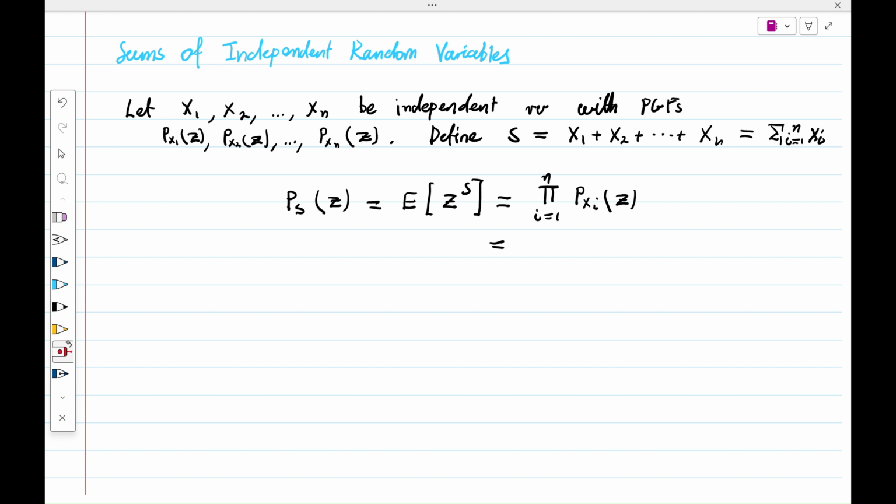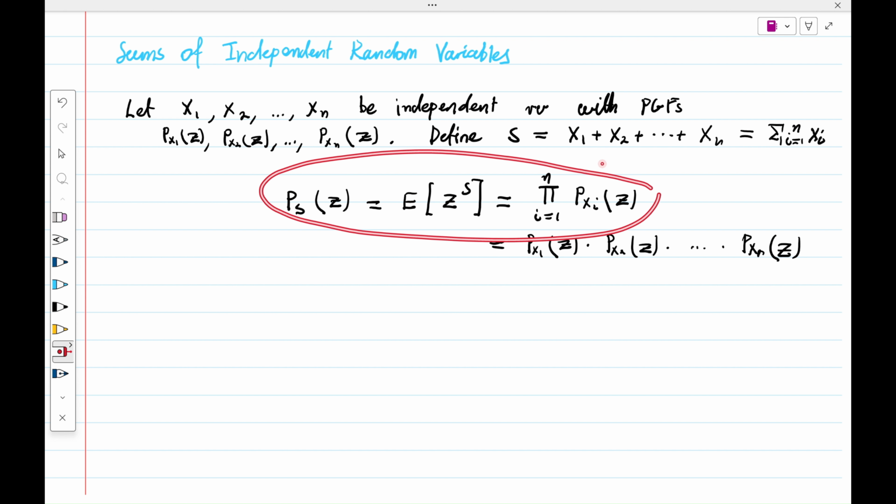It's the product from i equals 1 to n of all the generating functions. But to give you some clarification, that just means the product of Px1(z) times Px2(z) times ... times Pxn(z). So this is my claim. Now, of course, I want to prove this to you.